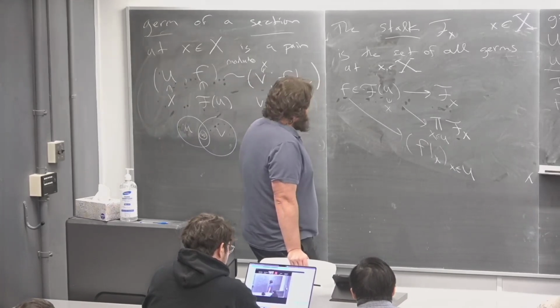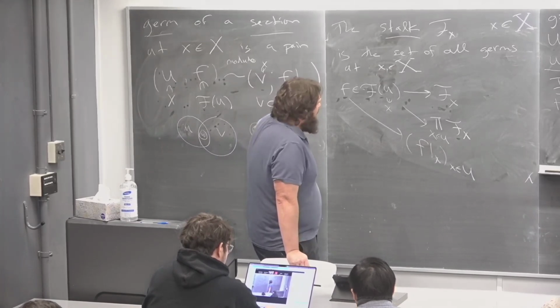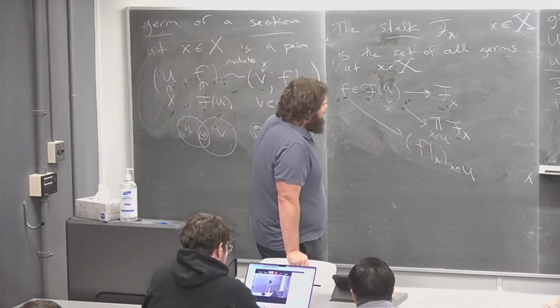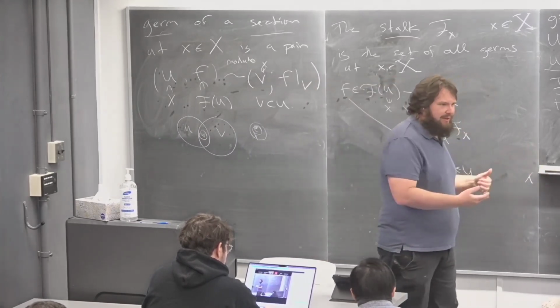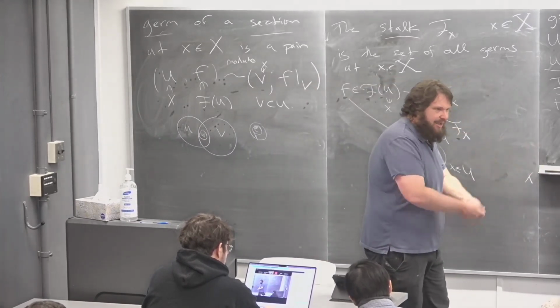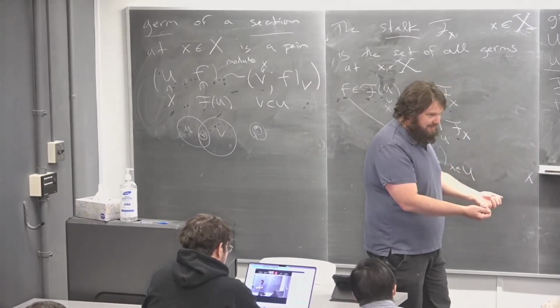And there may be some slightly weird subtleties about what happens with the empty set. Because if you have a sheaf of abelian groups, for the empty set you want the terminal object in the category. So you want the zero abelian group.